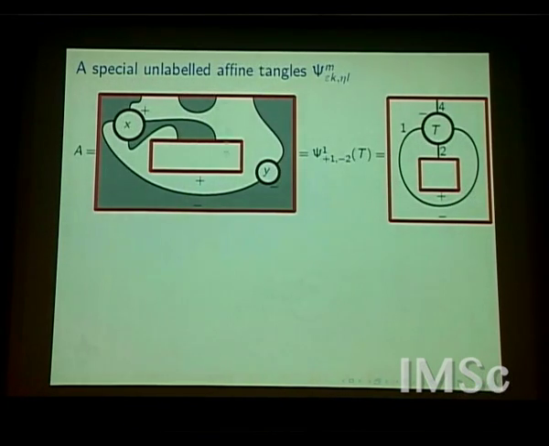So, you have this affine tangle, but you have affine isotopy. So, stretching and shrinking is allowed, but inside the rectangle, keeping the rectangle fixed. So, what you do is you bring everything, this x and y, very close by and put it inside this T. Okay.